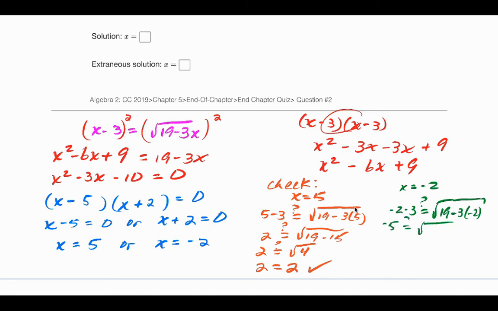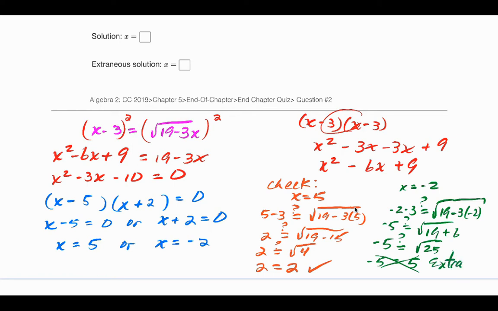On the other side, again, I'm just going step by step. I'll have 19, negative 3 times negative 2 is plus 6. So I have negative 5. Does that equal, well, 19 plus 6 is 25, the square root of 25 is positive 5. So negative 5 does not equal positive 5. So this one doesn't work, and it is extraneous.